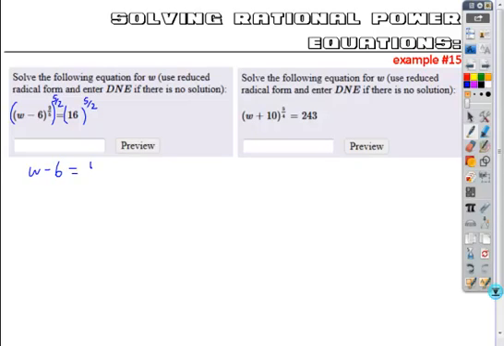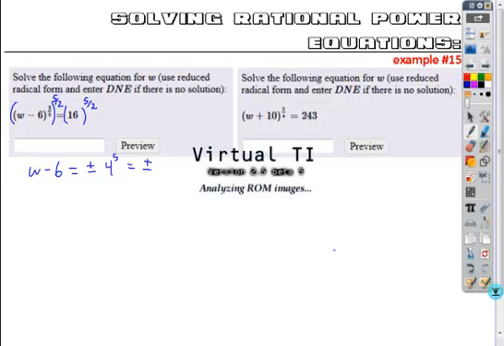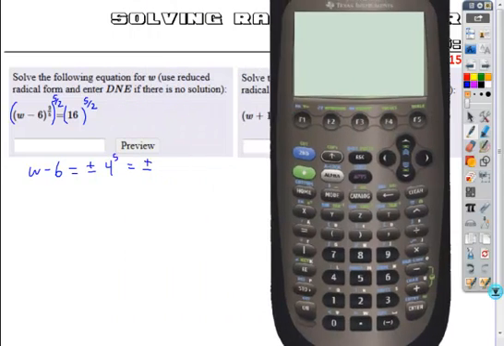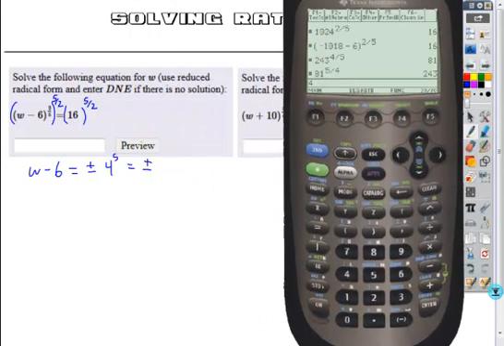So here we have to take into consideration both the positive and negative of the square root of 16, which is 4 to the power of 5. Now, that's not the most common number, so we can calculate that here really quickly. 4 to the 5th. And if we get 4 to the power of 5, we get 1024.